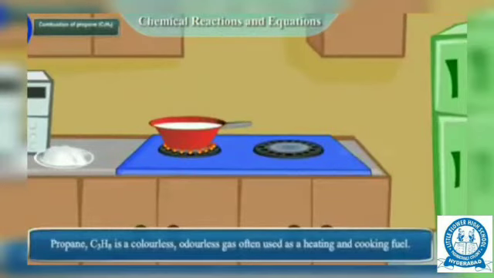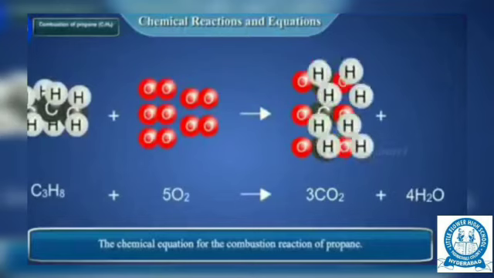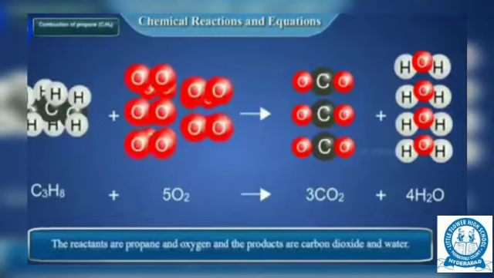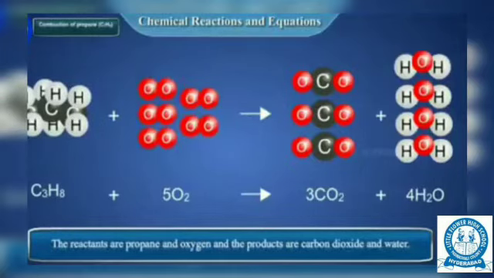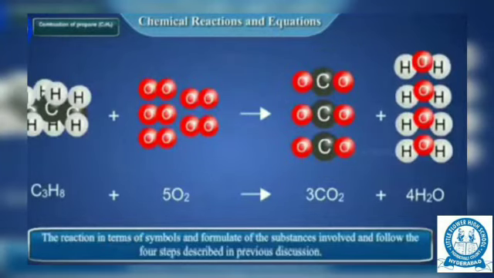Combustion of propane. Propane, C3H8, is a colorless, odorless gas often used as heating and cooking fuel. Consider the chemical equation for the combustion reaction of propane. The reactants are propane and oxygen, and the products are carbon dioxide and water. Write the reaction in terms of symbols and formulae of the substances involved and follow the 4 steps described in the previous discussion.